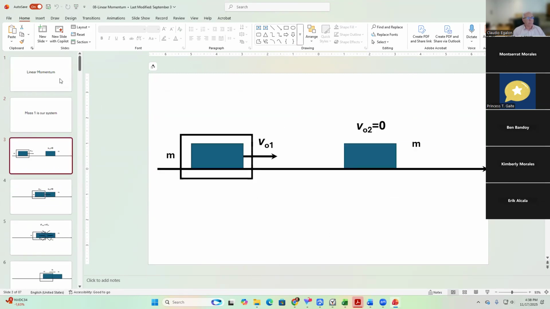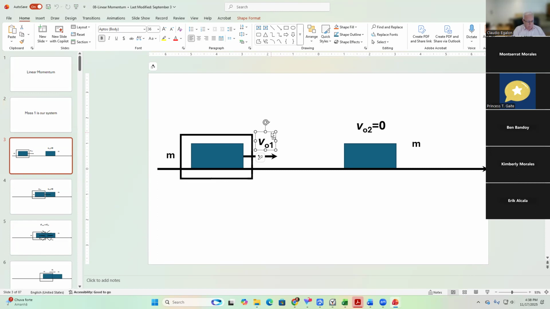Mass 1 is our system. Okay, we have these two masses and they are going to interact with each other, and I have chosen mass number 1 to be my system.